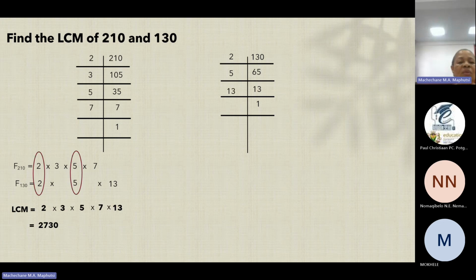In this case, we have 2 and 5, so it is 10. But in the lowest common multiple, you multiply every number that appears in list 1 and list 2, all those prime numbers, taking into cognizance that those that repeat, you only write them once.